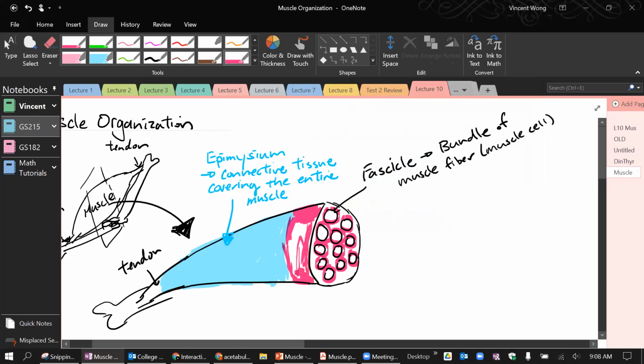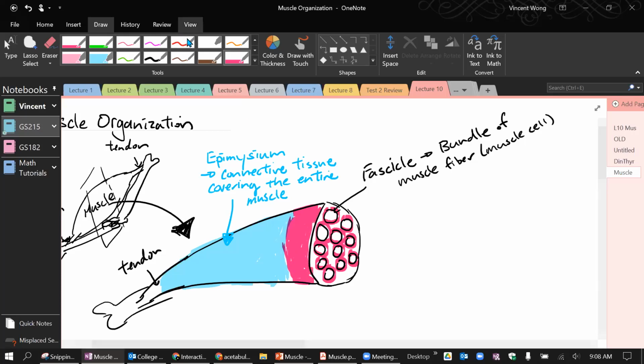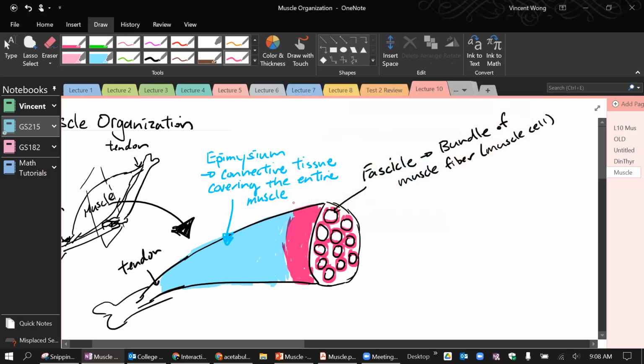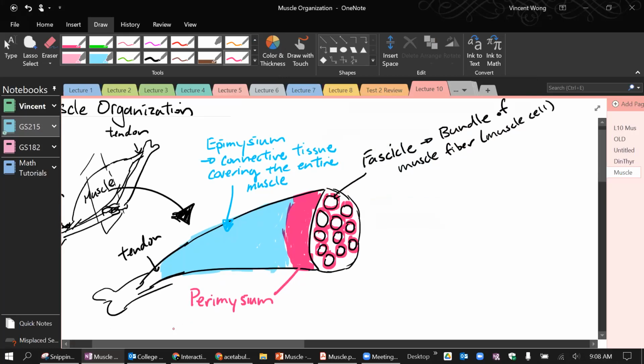It's going to be pink below. This pink stuff is the perimysium, which is connective tissue covering each fascicle.